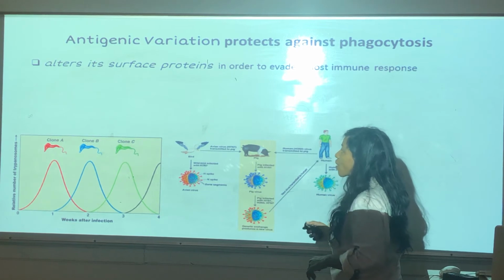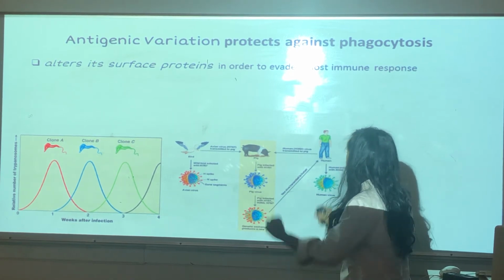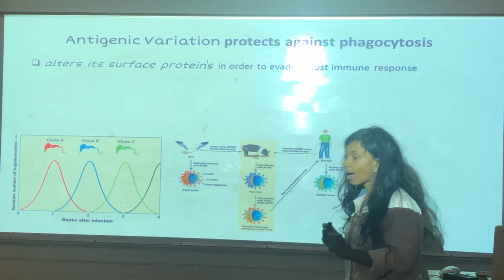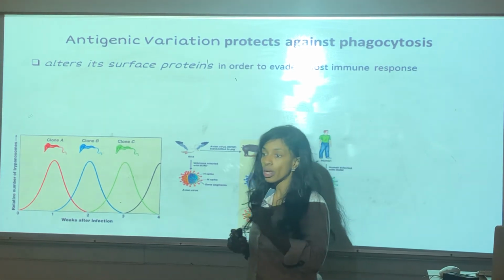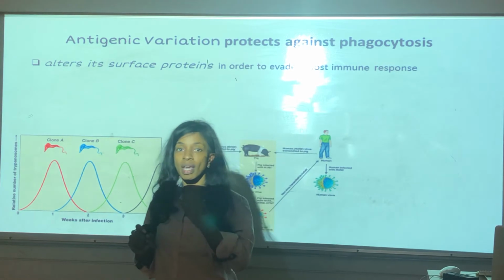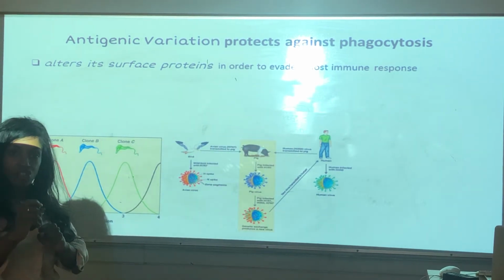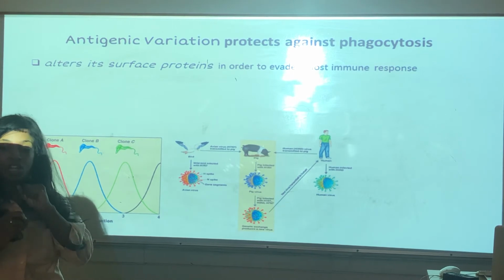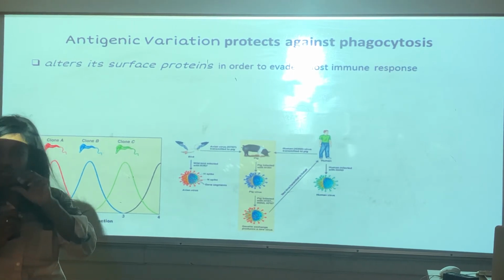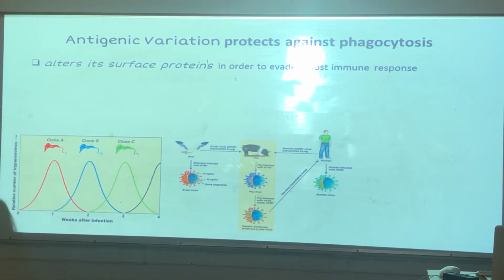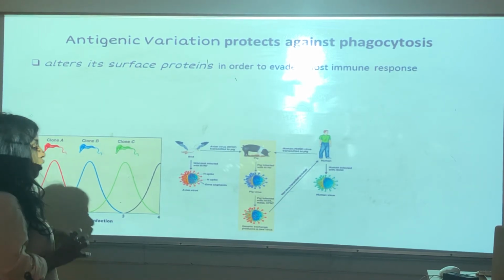The antigens are on the surface of the foreign invader, and as these antigens change so quickly, the immune system cannot recognize the change. It's not that they can't see the change, but it takes them a while to recognize it and then devise a strategy to kill the foreign invader.